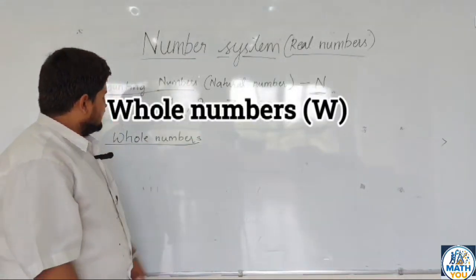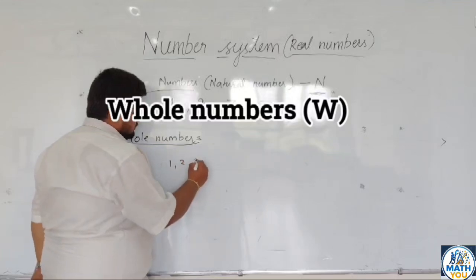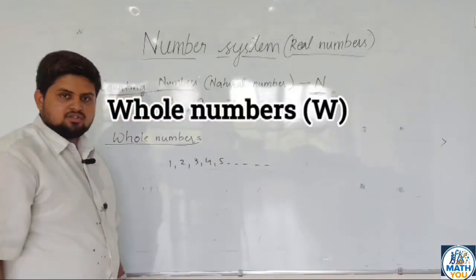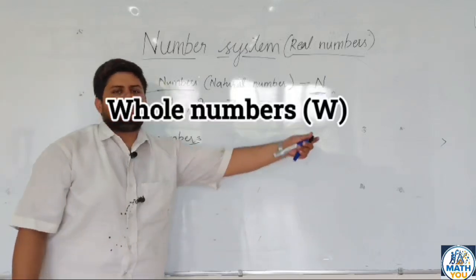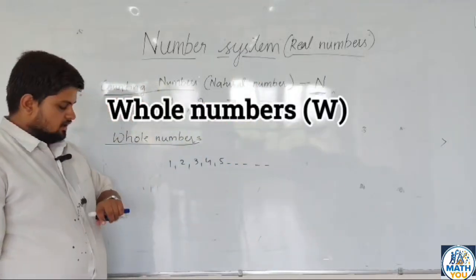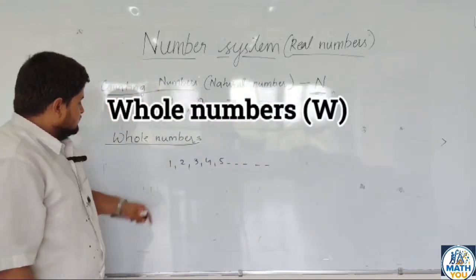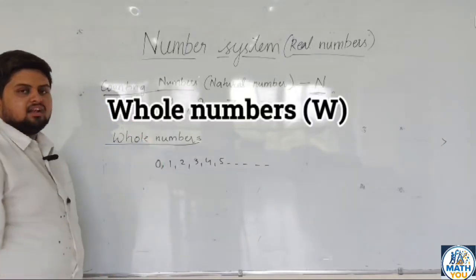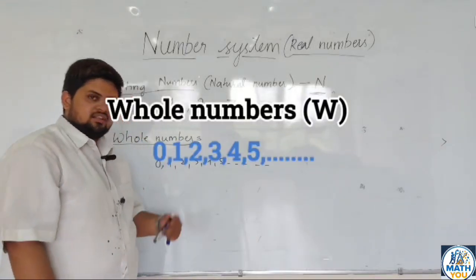So initially we had 1, 2, 3, 4, 5, etc. in natural numbers, up to infinity. Now they required one more group so that they can add 0 in that group.